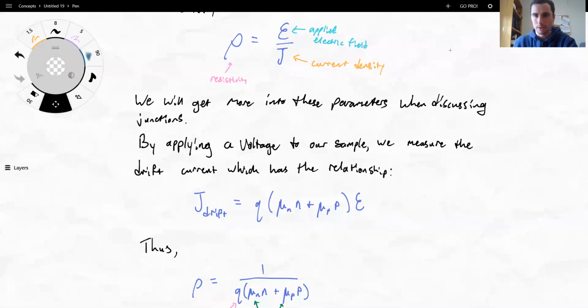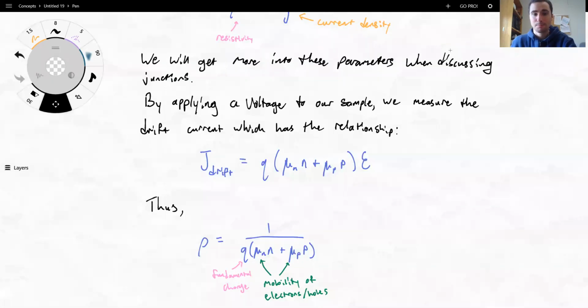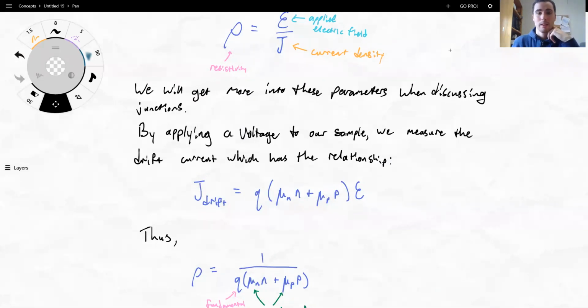What we're going to do is apply a voltage to our semiconductor and then just measure the current. By applying the voltage, we should know the electric field. It's a pretty fundamental relationship. So we know the electric field strength, we know the current because we're measuring it, and so we can then just measure the resistivity.